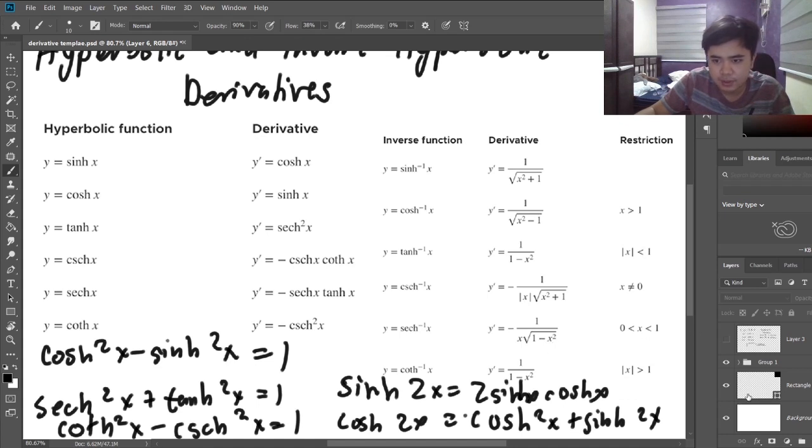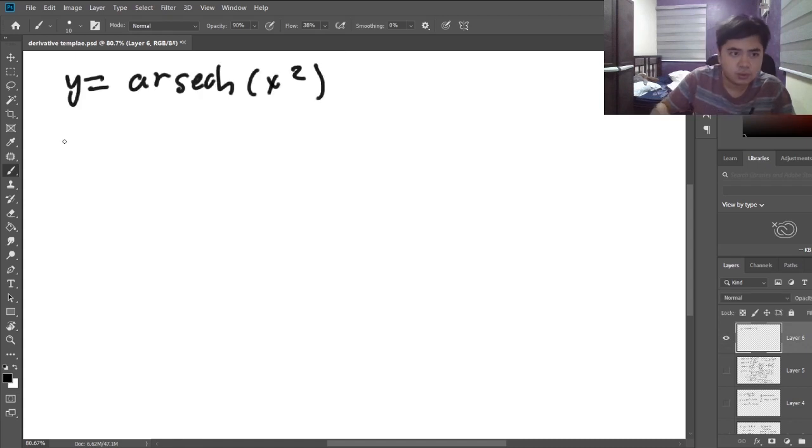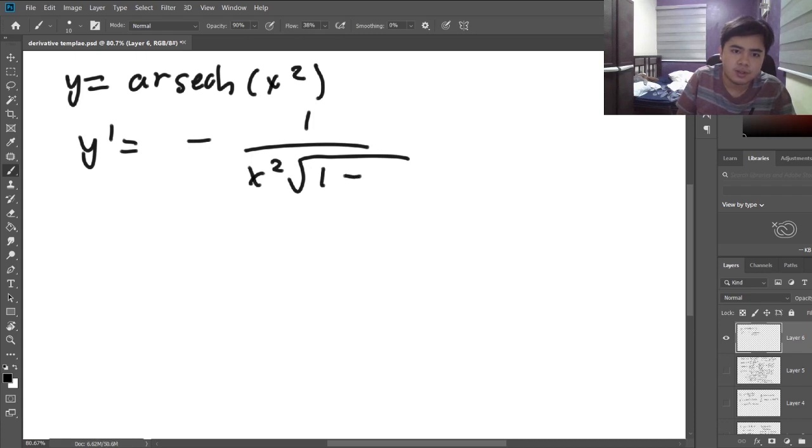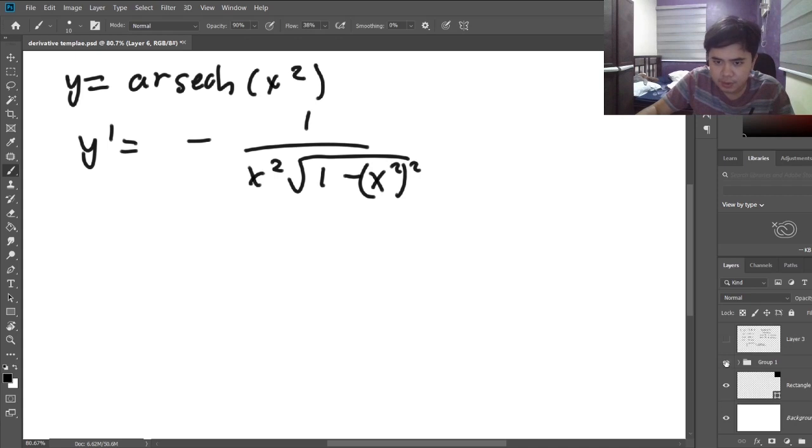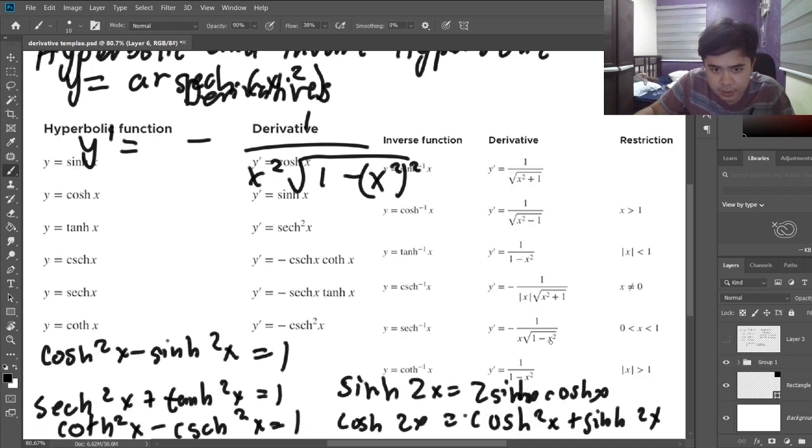So let's do that. So y prime is equal to negative 1 over x squared, the input here, then square root of 1 minus (x squared) squared. Is that correct? Let me just check. It is, yep, it is correct.